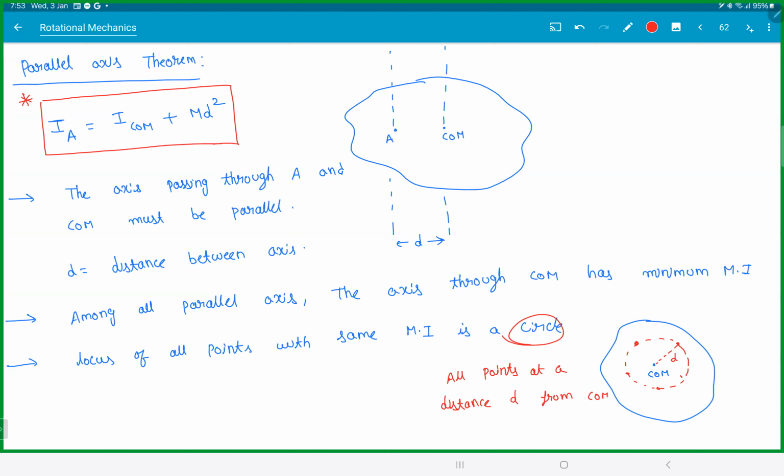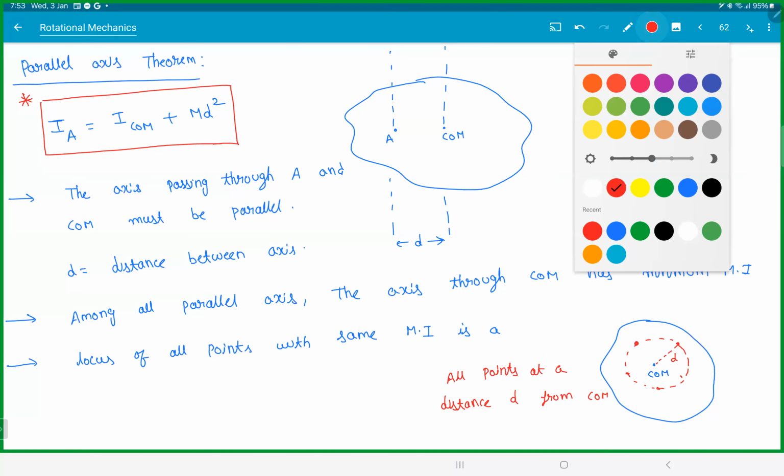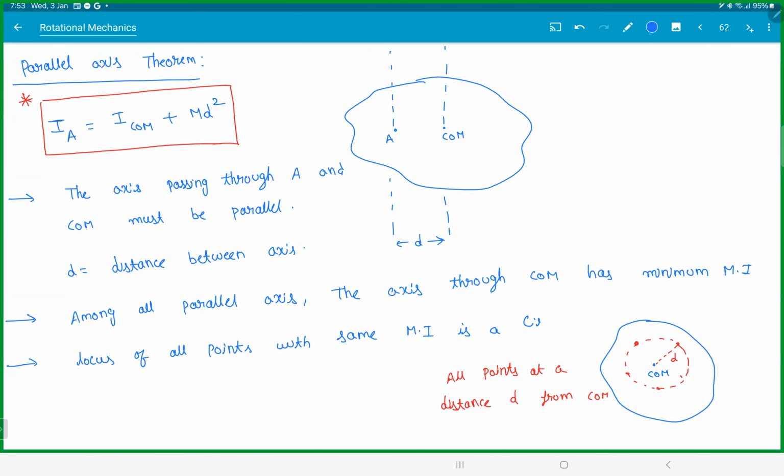This is a direct BITS-level question. What is the locus of all the points with the same moment of inertia? Parabola, straight line, circle, ellipse, that was the question.